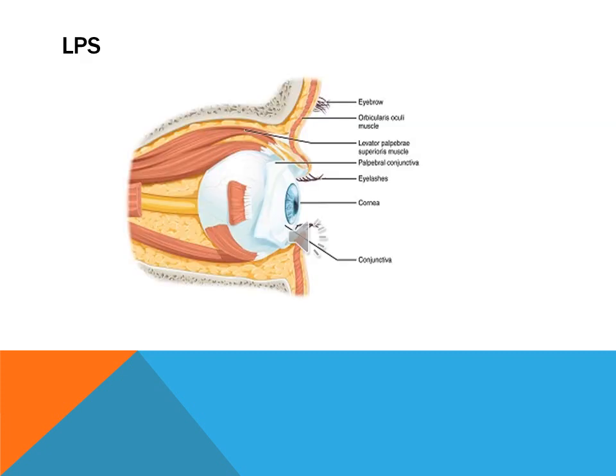This is the picture showing the origin and insertion of the levator palpebrae superioris. We can see in this picture the origin of the levator palpebrae superioris from the posterior part of the orbit close to the superior orbital fissure and above the tendinous ring of Zinn, and it passes anteriorly and gets inserted into the anterior surface of the tarsal plate and the skin, and also to that of the superior fornix.